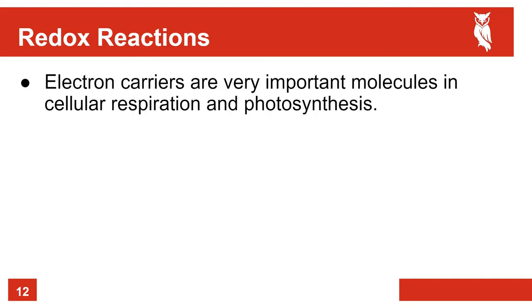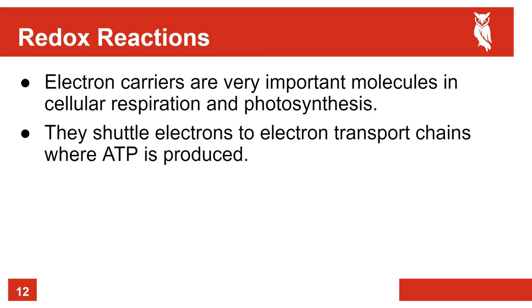These are important molecules in cellular respiration and photosynthesis. When we get to photosynthesis, we've got NADPH, which is the photosynthesis electron carrier. In cellular respiration, it's going to be NADH and then FADH2. Those are the two. They basically move electrons around to electron transport chains where ATP is made.